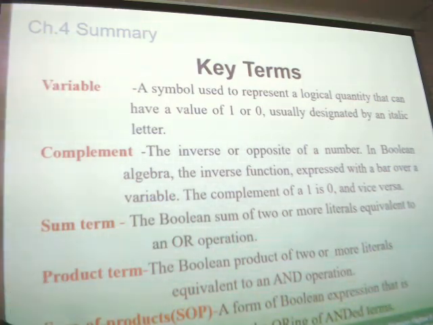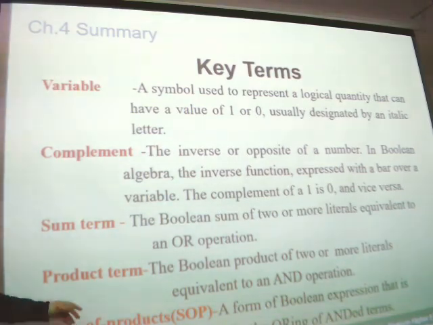The third key term, sum term. The Boolean sum of 2 or more literals, equivalent to an OR operation. Product term. The Boolean product of 2 or more literals, equivalent to an AND operation.